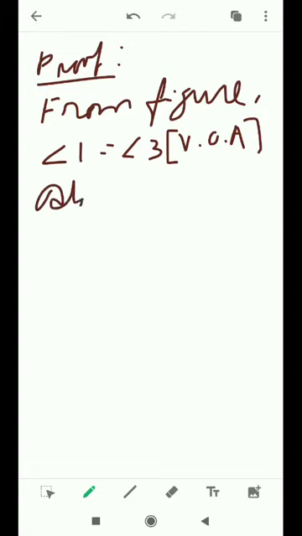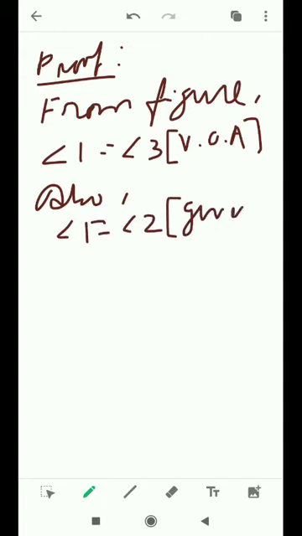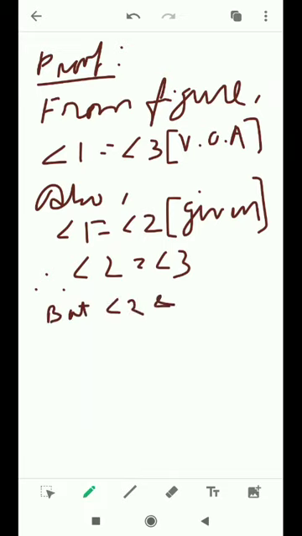And also we have angle 1 is equal to angle 2 according to the question, it is given. So therefore we can write 2 and 3 are equal, because 1 is equal to 3 and 1 is also equal to 2, so 2 and 3 are equal. But angle 2 and angle 3 are corresponding angles.